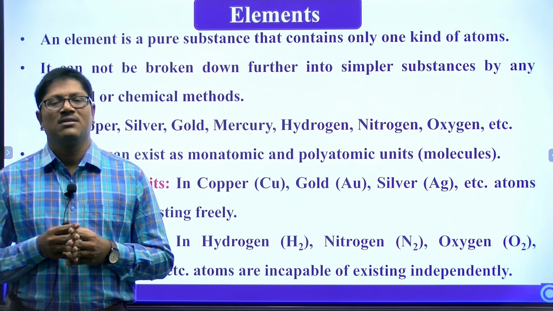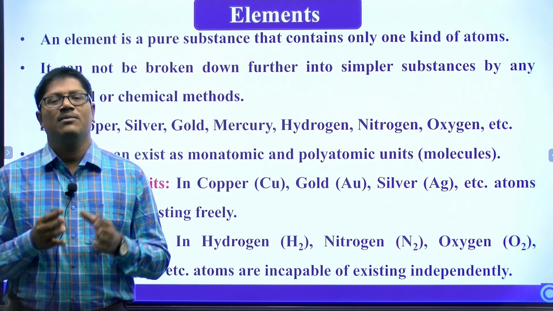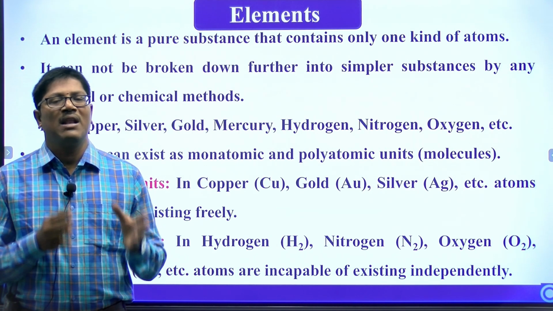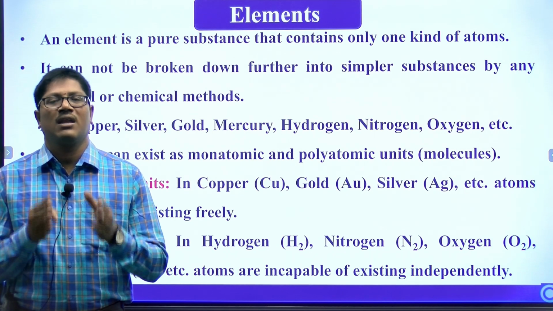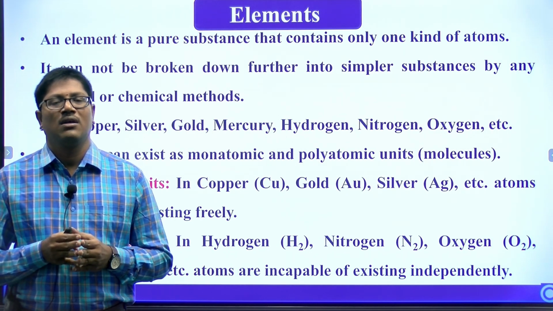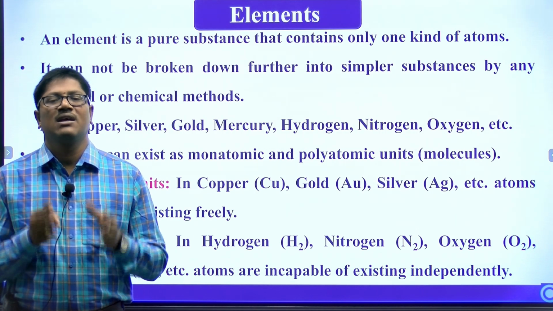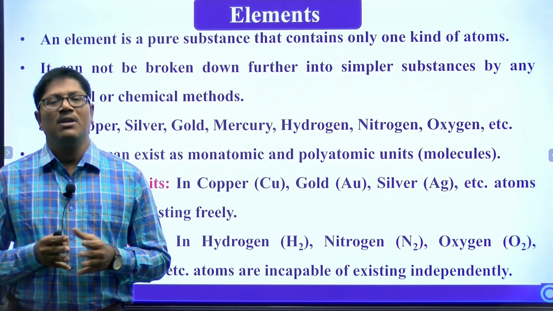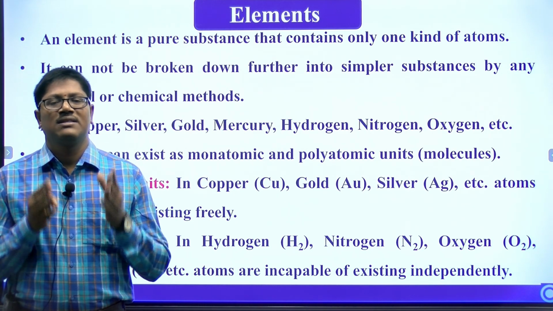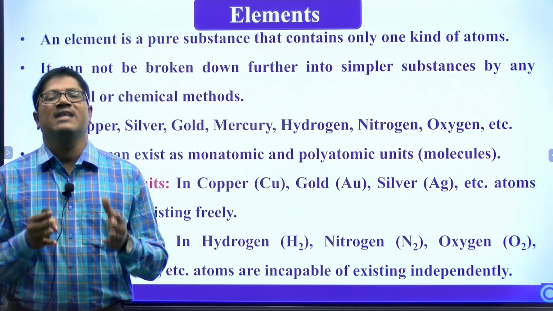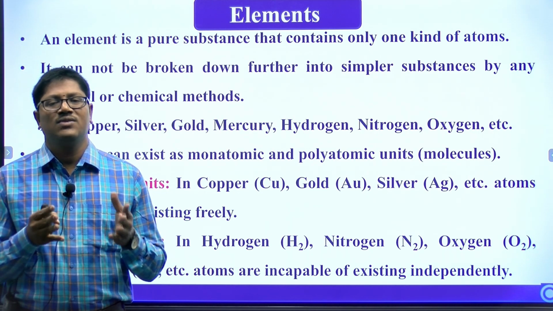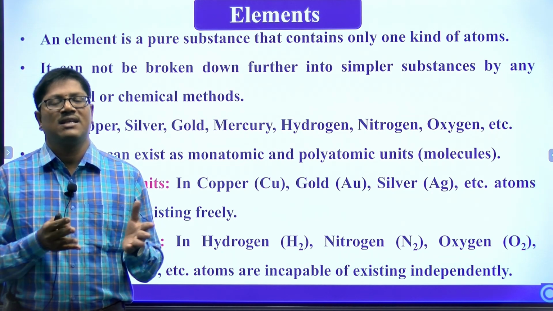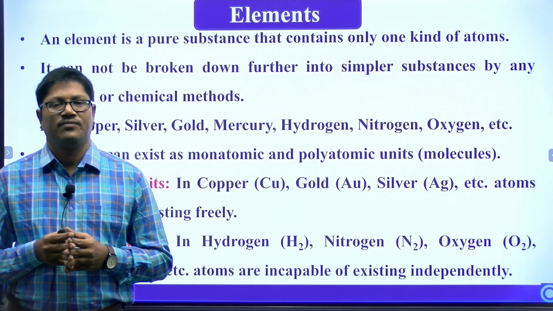Some elements exist in monoatomic form, or some elements exist as polyatomic units or polyatomic clusters. For example, elements like copper, silver, gold exist independently, and hence the atoms of these elements exist as monoatomic units.